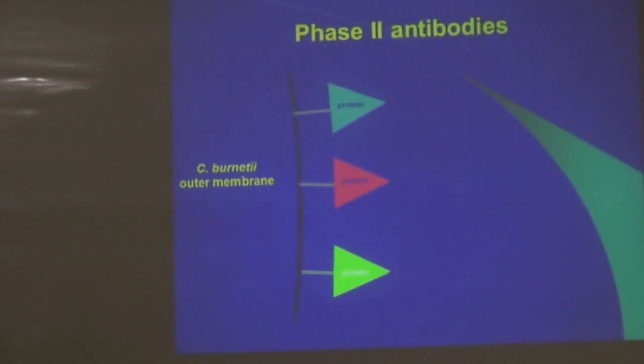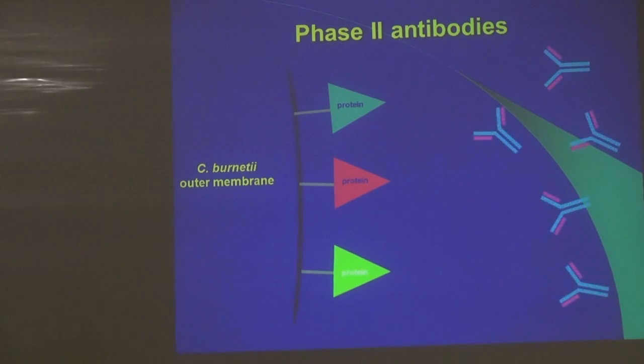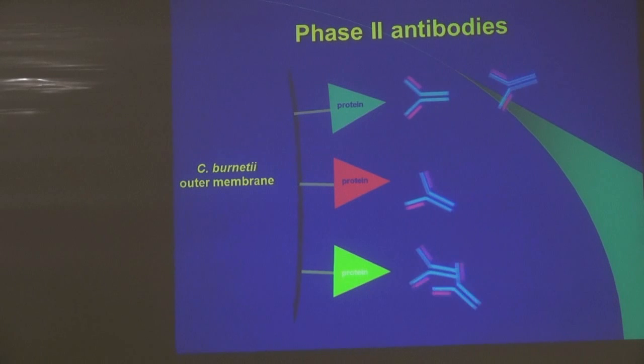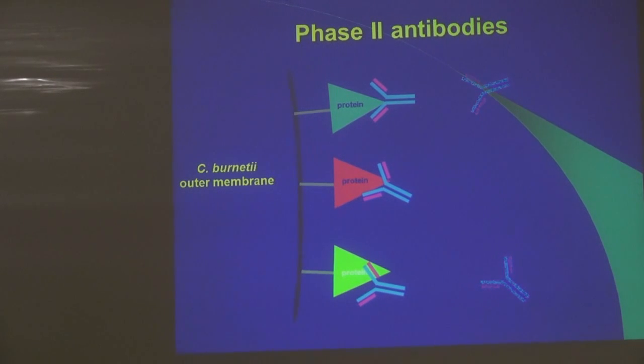This phenomenon was also investigated in more detail, and it was found that the phase 2 antibodies are directed mostly against proteins on the outer membrane of Coxiella burnetii. In fact, many immunoreactive proteins have already been detected, maybe 150, 200, but only some of them are typical for Coxiella burnetii, and some of them were already used as candidate molecules for detecting acute Q fever.